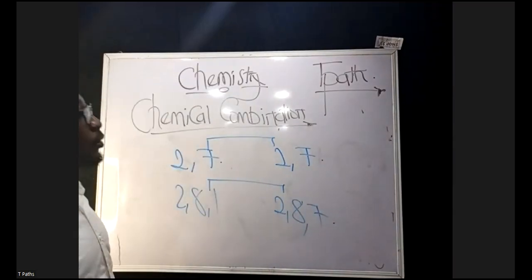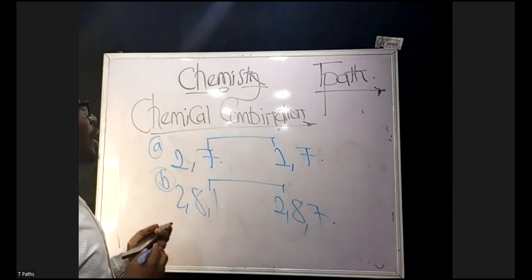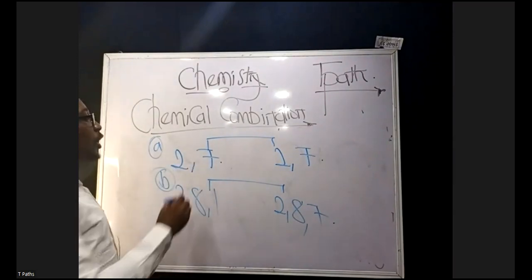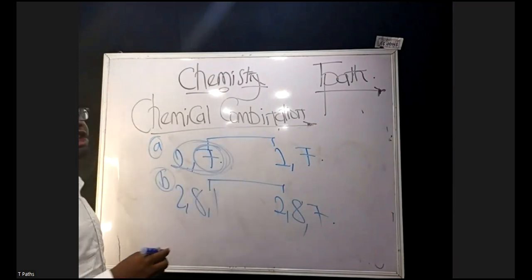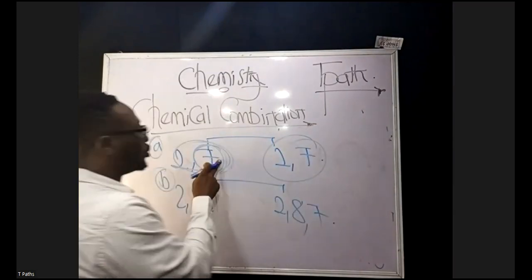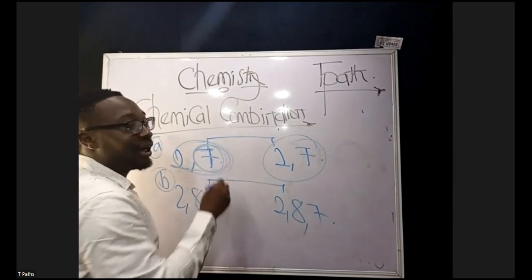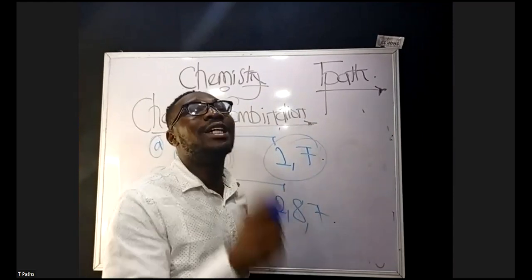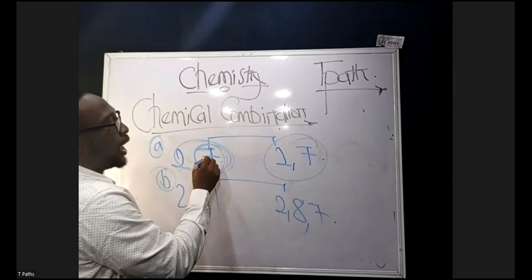Now we observe that this is A, B. Rather than this one losing 7 electrons in its shell, it will rather share with this. This one needs just one to become octet, in the sense that it becomes 8 electrons. And we know that in the octet state, there is extra stability.